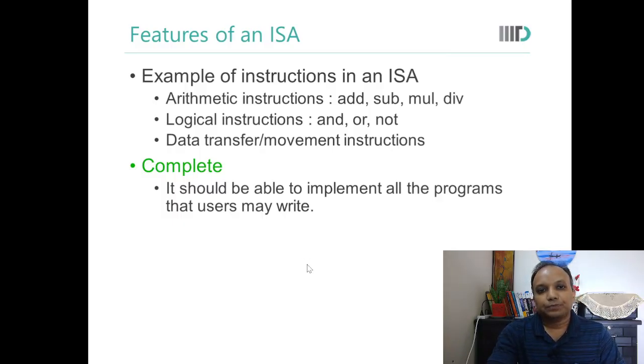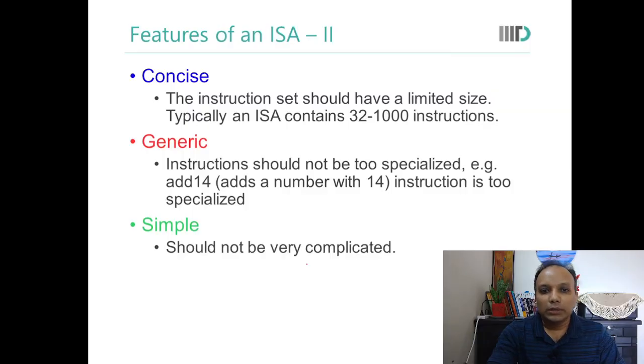All right. Okay, so what are the other things the ISA should be maintaining? Other things should be that the ISA should be concise, it should not be too large. The instructions should be of limited size, so that it is manageable.